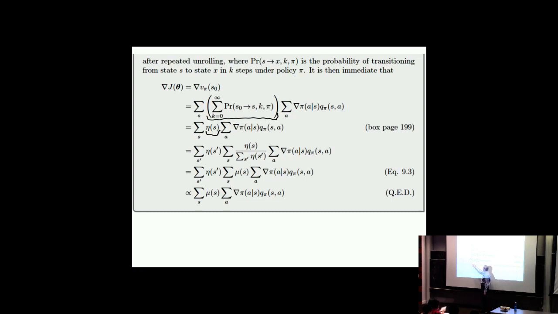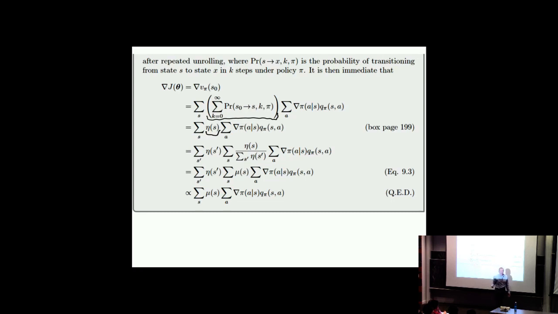But all we need to do, since this quantity is the expected value over the state S of this stuff, is go back to our Monte Carlo sampling methods. All we need to do is sample this and do stochastic gradient descent. And that's how we're going to end up handling this.